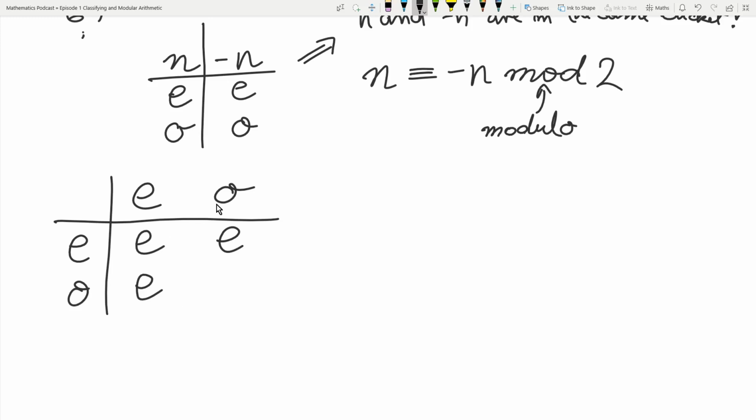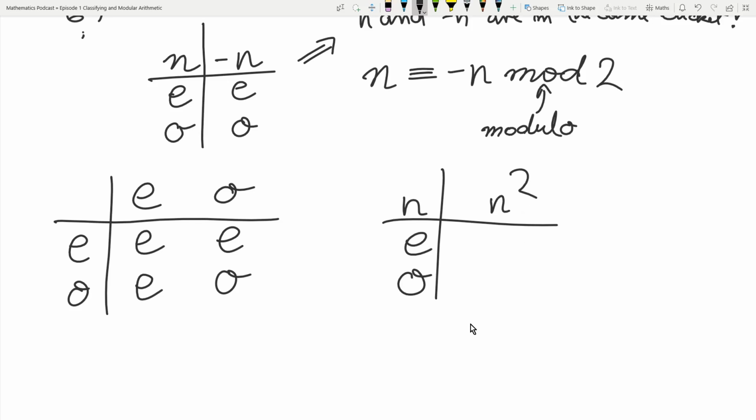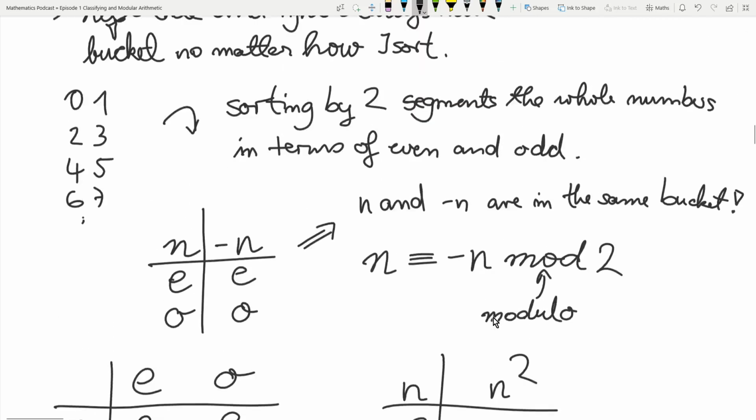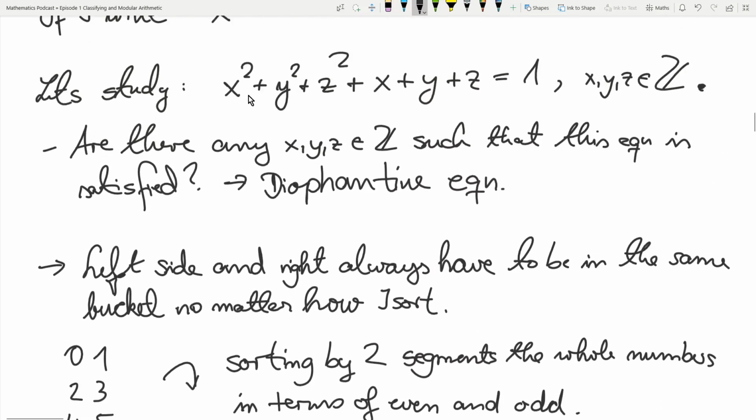But if we have an odd number and an odd number, this leaves us with an odd number. So how does this help us with n? Well, if n is an even number or an odd number, what happens with n squared? Because it's natural that we ask about n squared, because we have x squared, y squared, and z squared here.